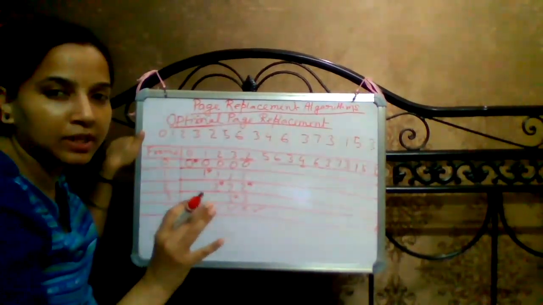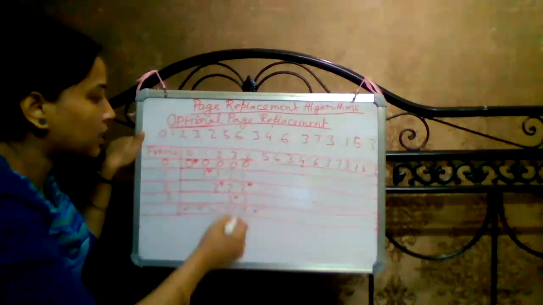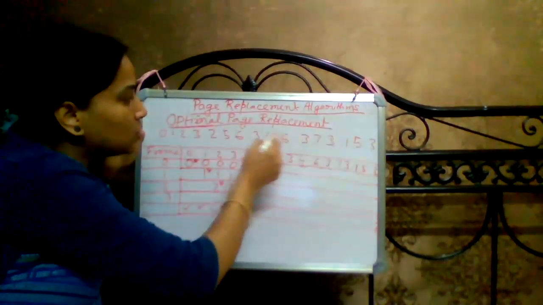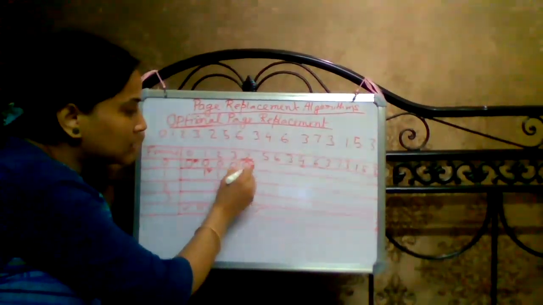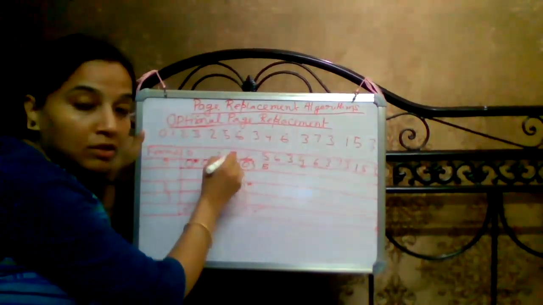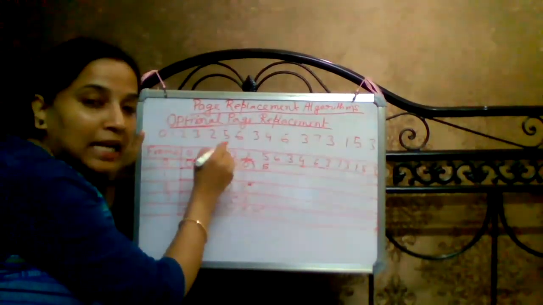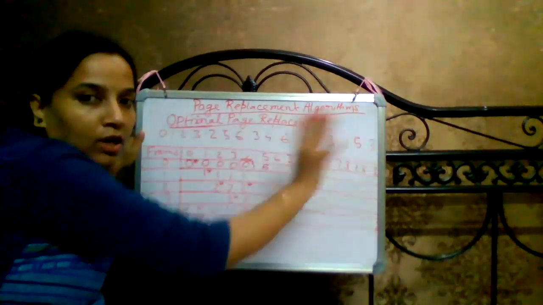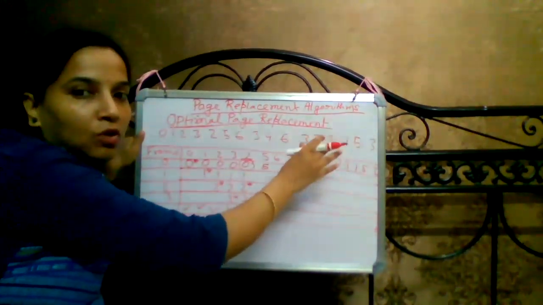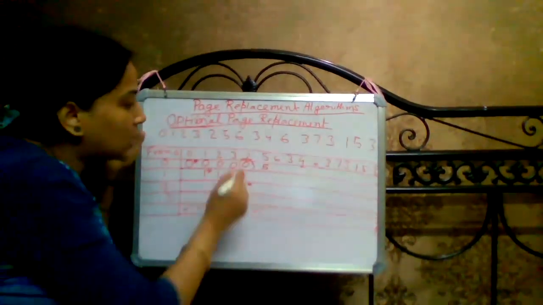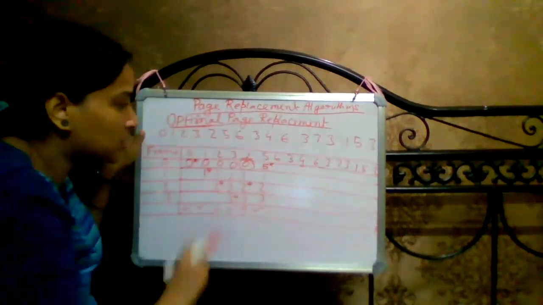The page that will not be used for the longest period of time is considered the victim page. Here 0 is not used in the rest of this string, so we replace 0 with 5. For the future string we consider from here, and no page 0 is required for execution. So 5, 1, 2, 3, and a page fault occurs.